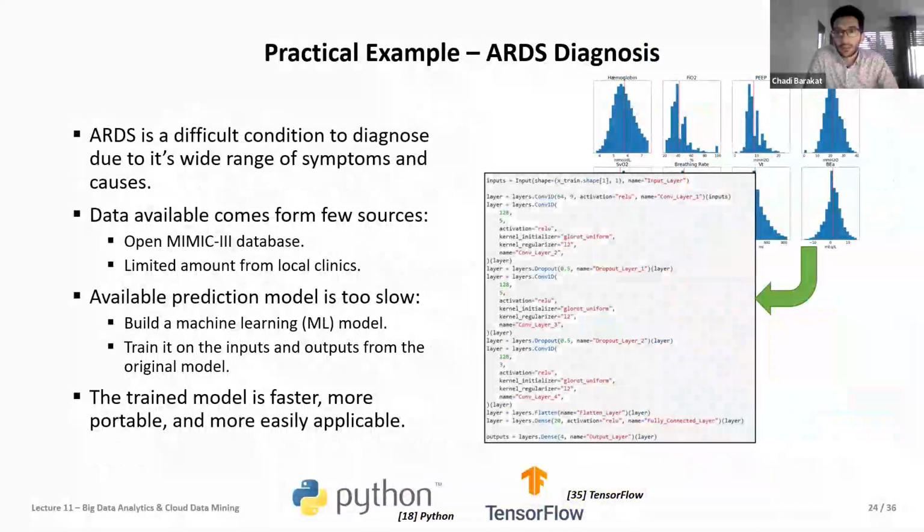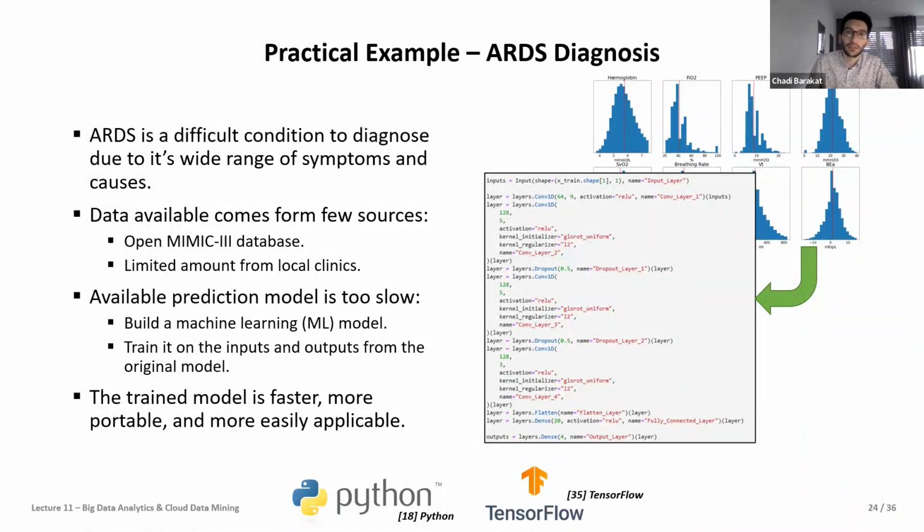Moving on, another practical example is the application for detection of ARDS. In this case, the model was not an image detection model, but rather a sequence classification model working on numerical data.